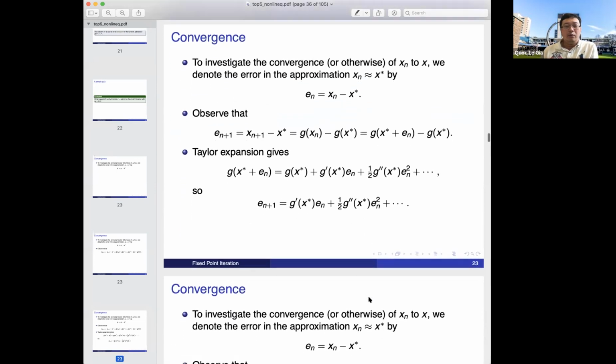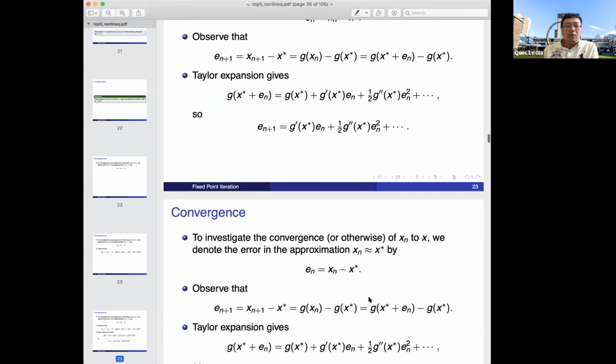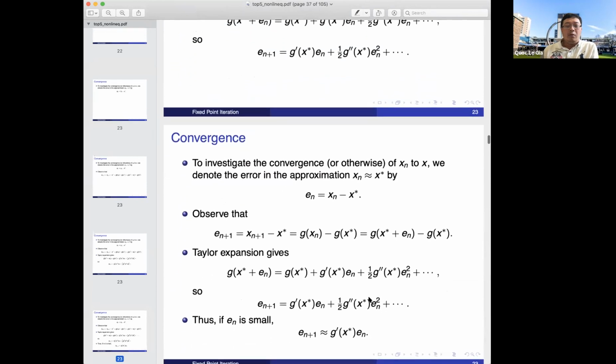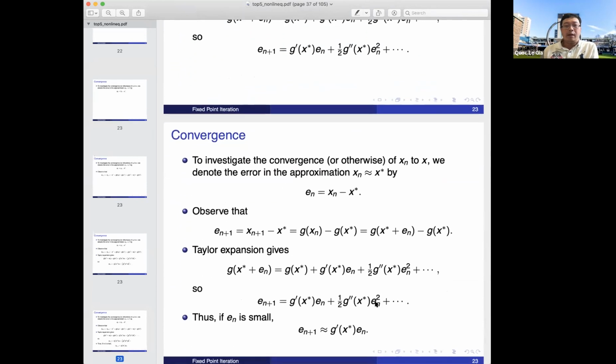And now if we ignore the second order term, then e_{n+1} is just equal to g'(x*) e_n. Okay.